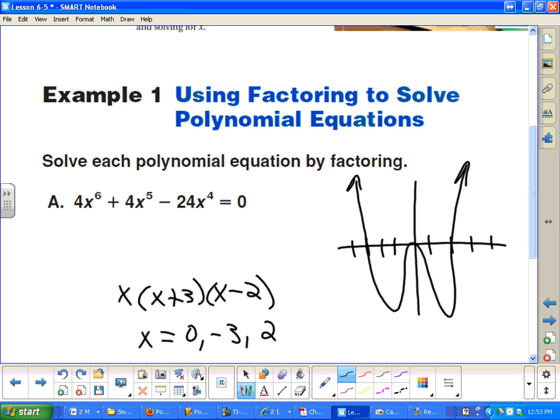All right, so what do we look for first? Greatest common factor. So what do they all have in common? The 4 and x to the 4th. 4x to the 4th. When I take out that 4x to the 4th, we get x squared plus x minus 6.